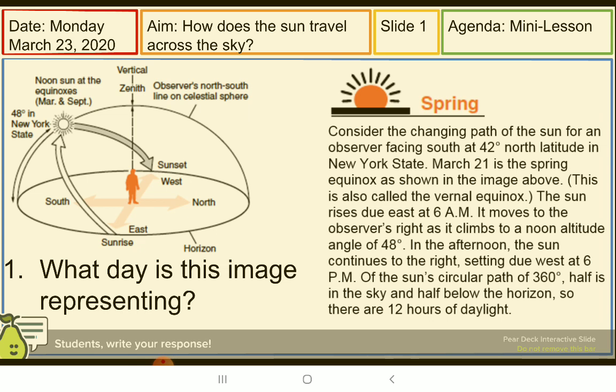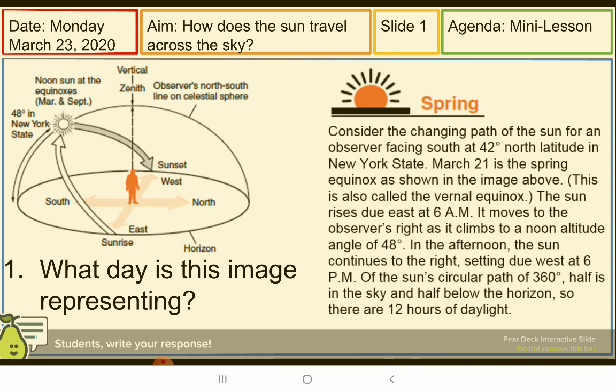So, I'm going to read these in case you didn't read them already as you did the Pear Deck. If you're watching this video, please go through and complete the Pear Deck and write down the answers to these questions. So important things about these videos are the images to the left. As you can see, on the left, there is a person standing in the middle of the diagram.